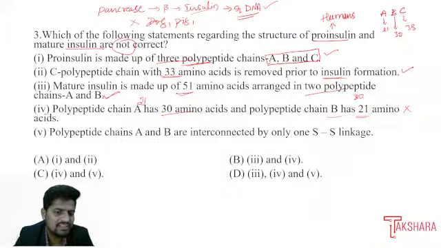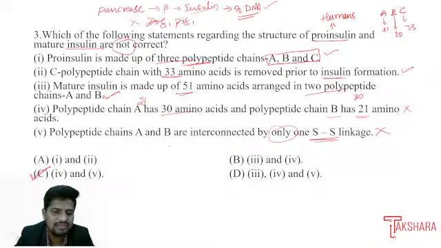And the statement that polypeptide chains A and B are interconnected by only one disulfide bridge is not correct, as multiple disulfide bridges are required. So statements 4 and 5 are totally not correct related to human insulin and proinsulin, so option C will be the correct one.